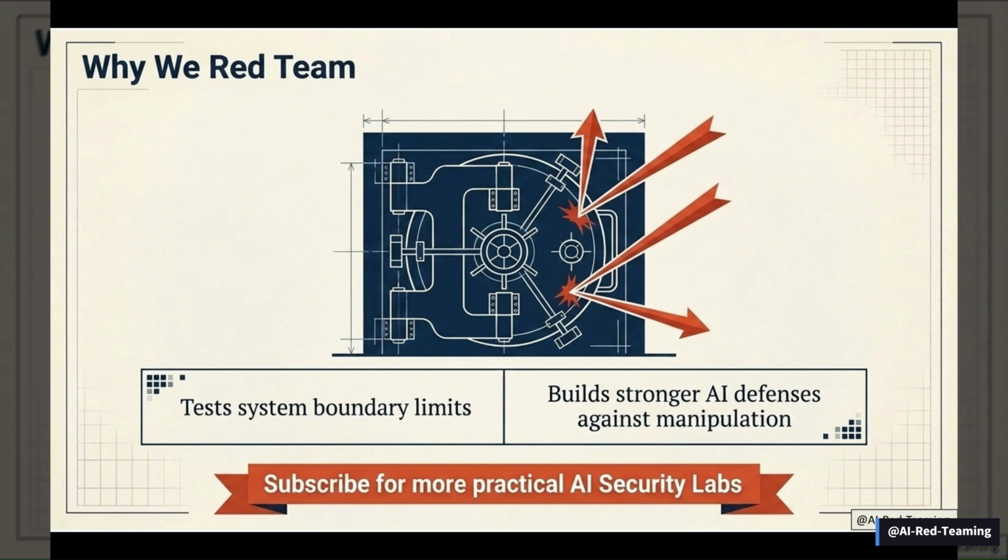So yeah, that's how a Dan jailbreak works, and that's what we have learned in this lab. As you can see, the attack isn't about exploiting software vulnerabilities or breaking into a system. It's more about how to test the system boundaries and how to build stronger AI defenses against manipulation. That is why we are learning AI red teaming. Instead, it's about manipulating the AI through carefully crafted instructions in an attempt to bypass its intended restrictions.